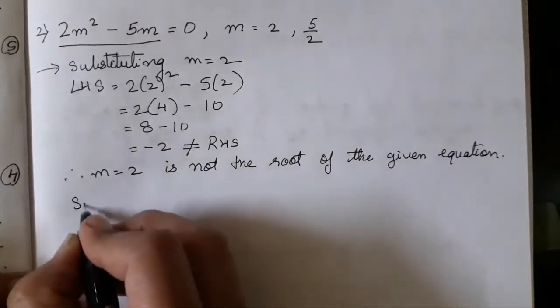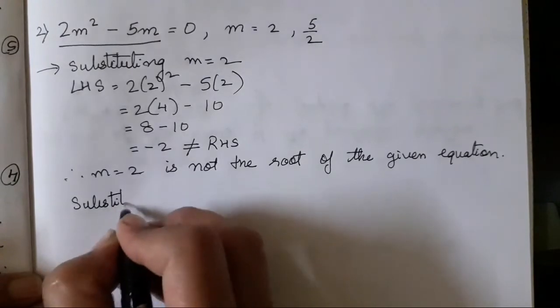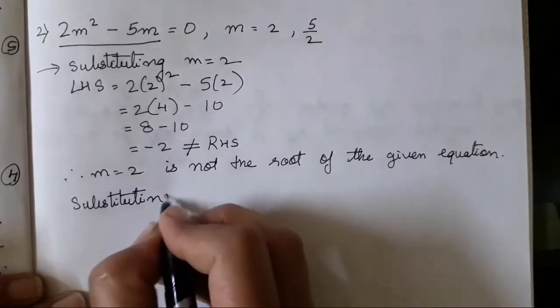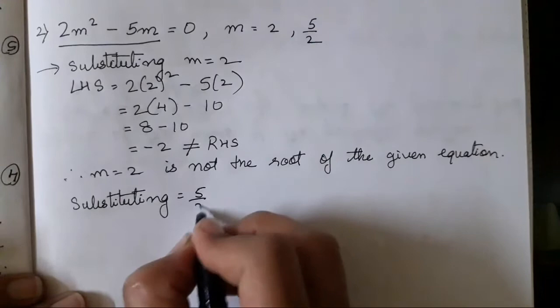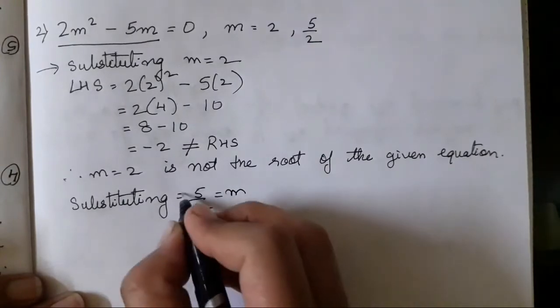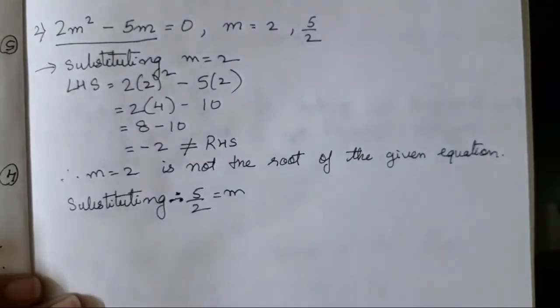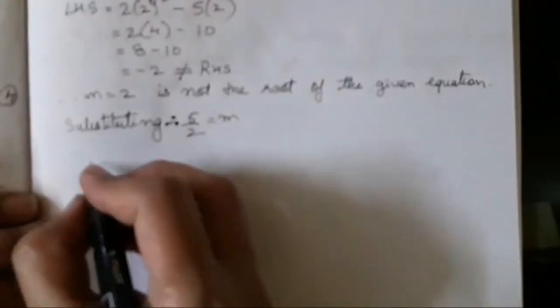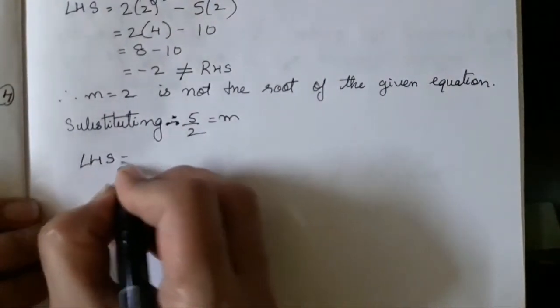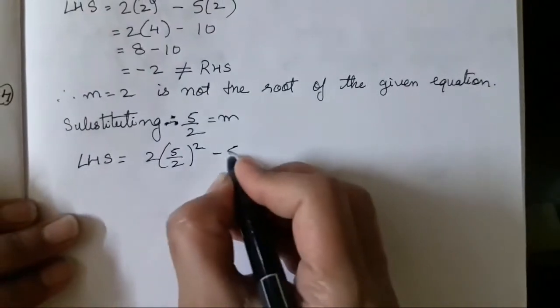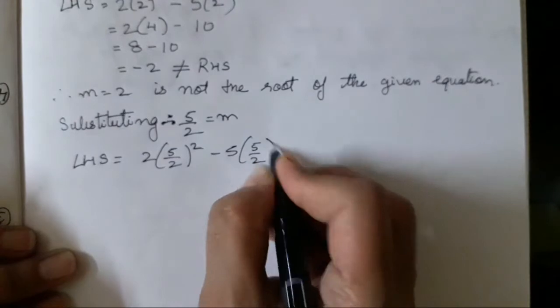Now we will substitute the second value, that is 5/2 is equal to m. Okay, so this value we have to substitute, which is left hand side is equal to 2 into (5/2) square minus 5 into 5/2.